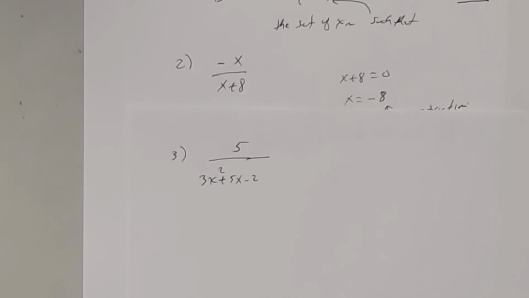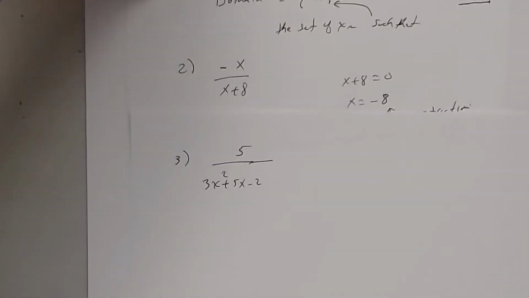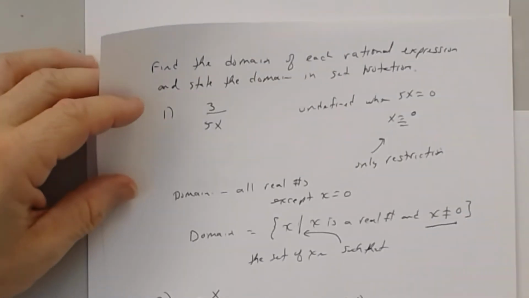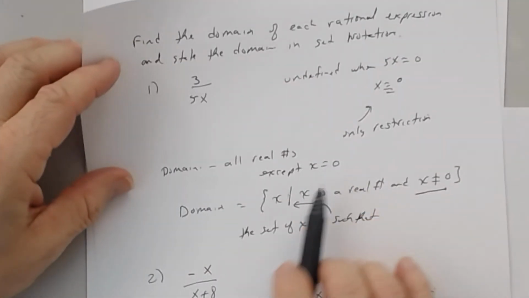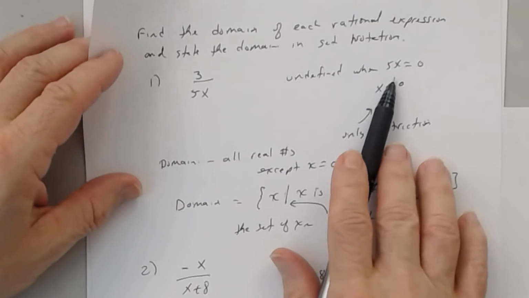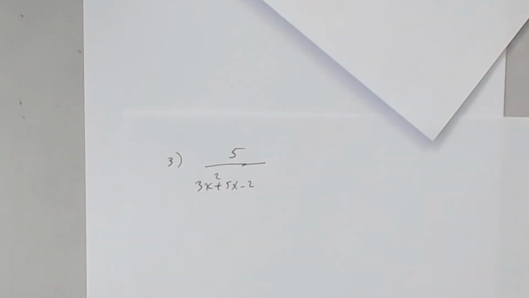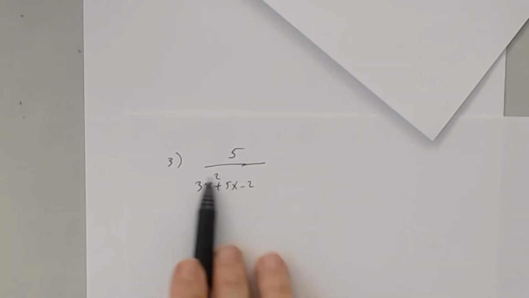Now that one's a little bit more difficult, more challenging, because in the previous two that we did, when I said the denominator is equal to 0, what kind of equations did I write? Linear. Here, my denominator is not a linear expression. What kind of denominator do I have?